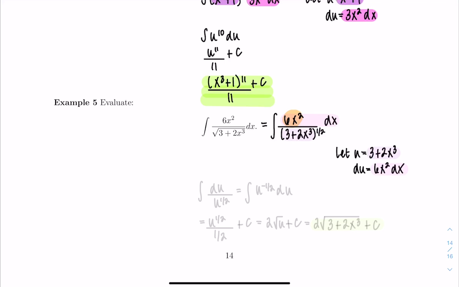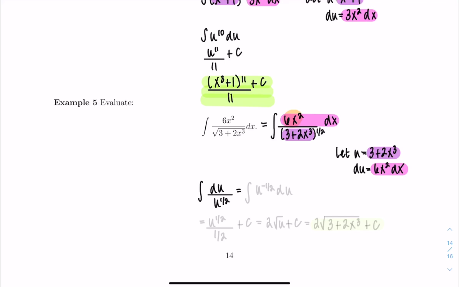Rewriting our integral, we have 6x squared dx on top, and that's what's going to be replaced by du, and in the bottom we have our u. So we've got du on top, and on the bottom we've got u to the 1/2.